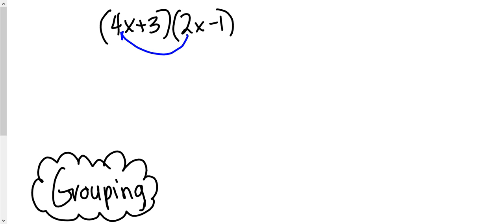So if you remember, when we are multiplying, one of the methods we looked at is that when I'm distributing my binomials, I'm really taking 4x and multiplying by 2x and negative 1. So I'm taking 4x and I'm multiplying by 2x minus 1.